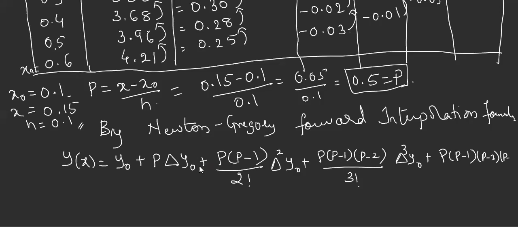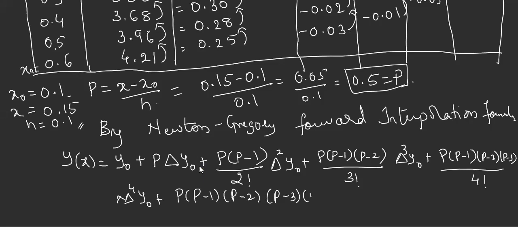Try not to get confused. Upon 4 factorial into delta raised to 4 y naught, correct? Plus, we are getting till delta raised to 5, no? Okay, right till that. Upon 5 factorial delta raised to 5 y naught plus and so on.